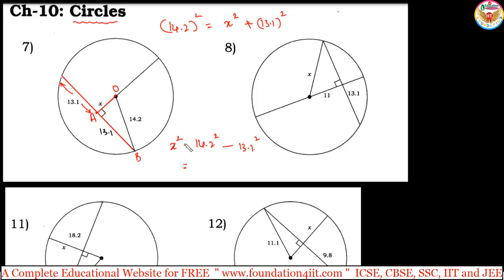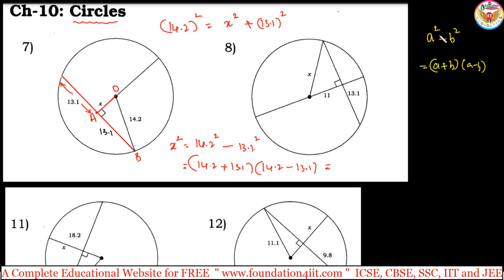You can apply the squares and do it, or else if you know the formula a square minus b square is a plus b into a minus b, right? This you can apply. 14.2 square minus 13.1 square is 14.2 plus 13.1 into 14.2 minus 13.1. You can add and subtract once.